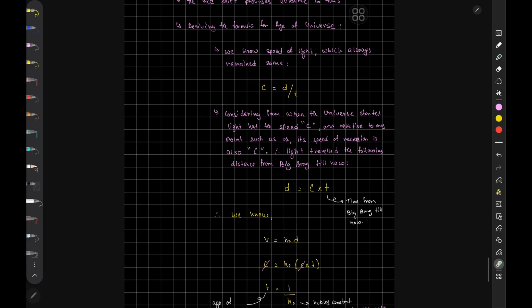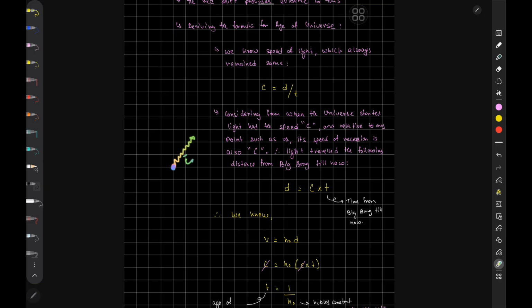And now, considering from when the universe started, light did exist from that point onwards. Assuming that, and let's say this is a singular point, light will have speed c from that specific point.